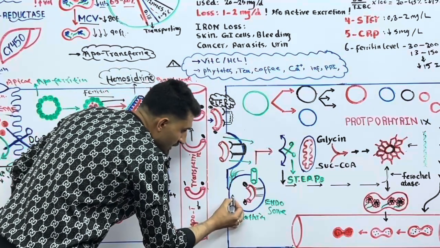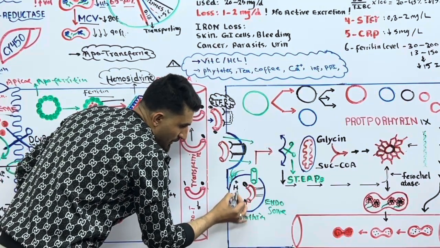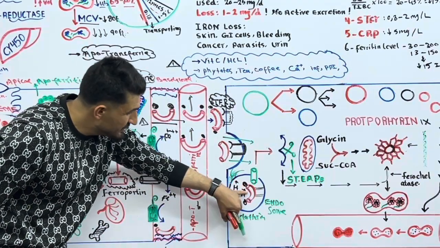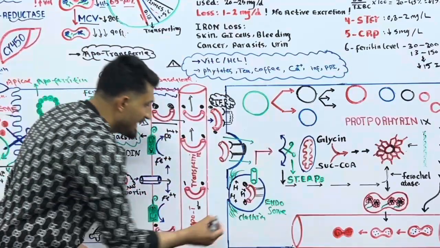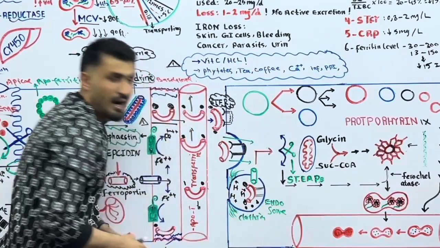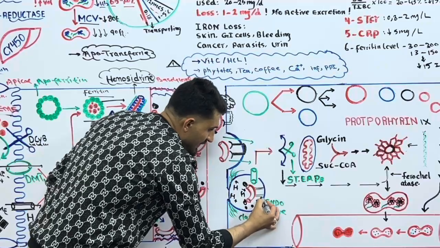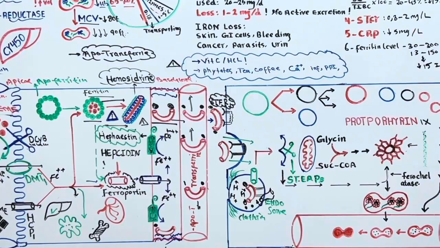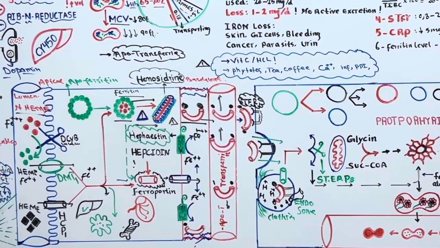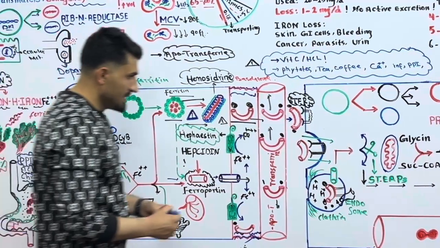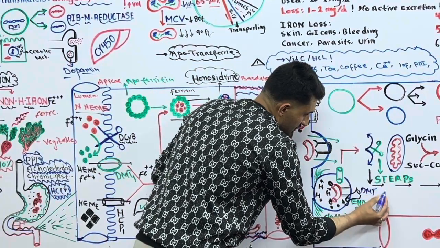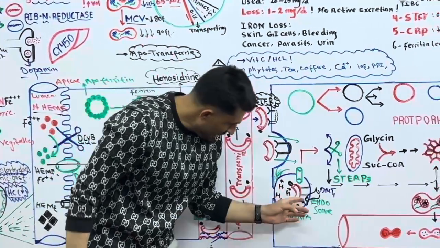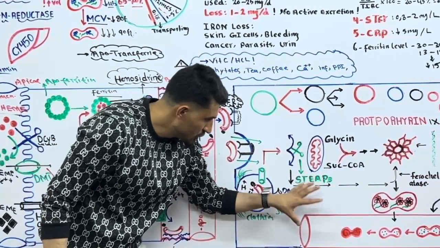By the acidic environment, where we have a lot of protons, this iron will be dissociated from the transferrin, and now we have free iron. This free iron is then transported into the cytoplasm once again by a protein called divalent metal transporter 1. Anyway, it's transported into the cytosol of the cell.